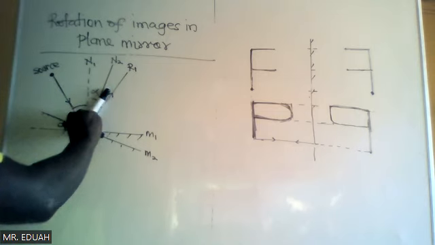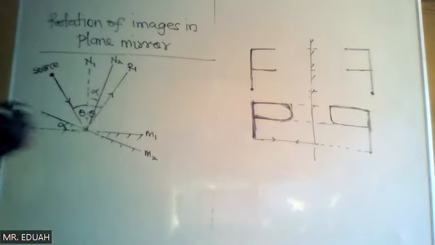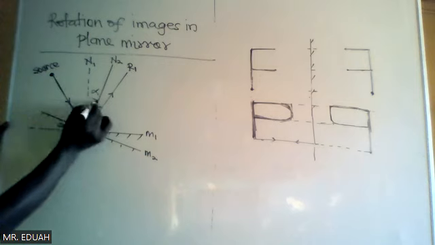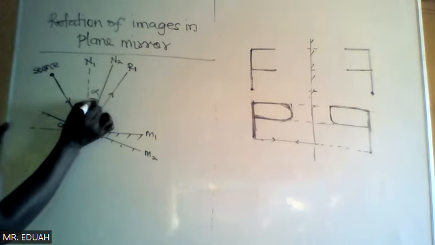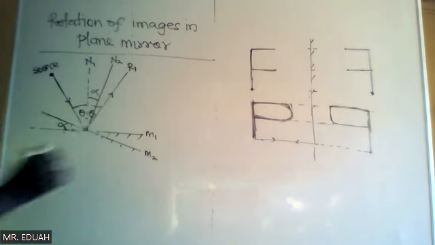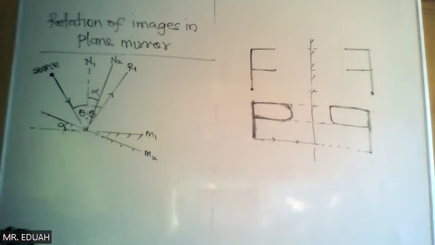So if you rotate the mirror by an angle of 30 degrees, the angle between the old normal and the new normal will also be 30. Please, are we okay? Yes, please. Okay.